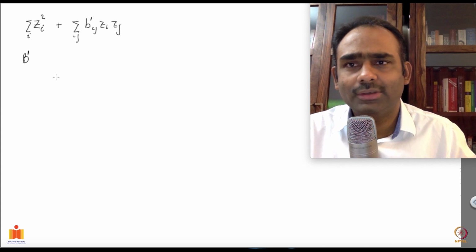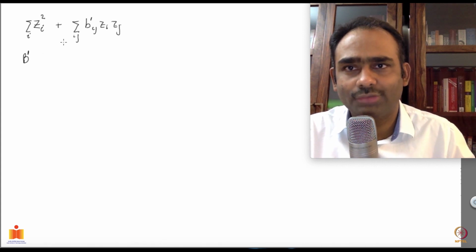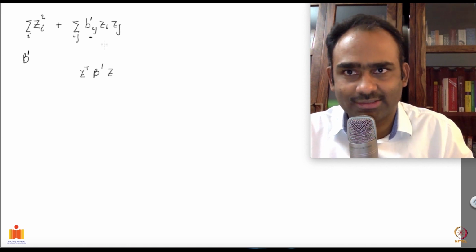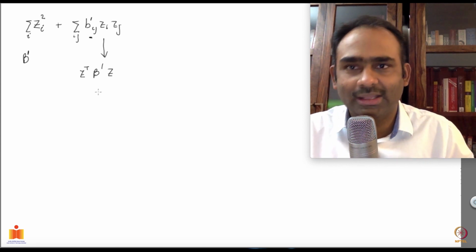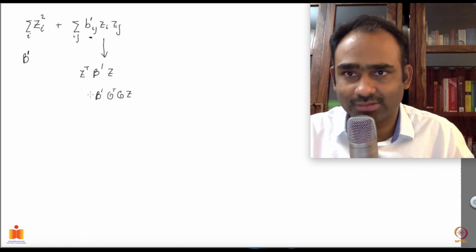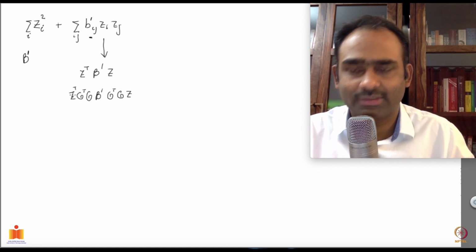Okay, good. What we have to do now is go from here to the following. So this is z transpose b prime z. That's what you have, right? This piece. Now let's say b prime gets diagonalized by O. So I am going to O transpose z, and this will be an orthogonal transformation because b prime is a real symmetric matrix. This I call eta.